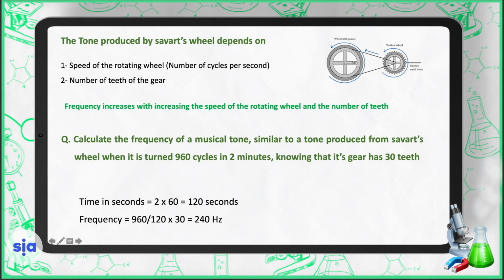And then the frequency equals the number of cycles divided by the time taken multiplied by the number of teeth. So 960 divided by 120 times 30 will give us 240 hertz. That is how they used Savart's wheel to calculate the frequency of an unknown tone.